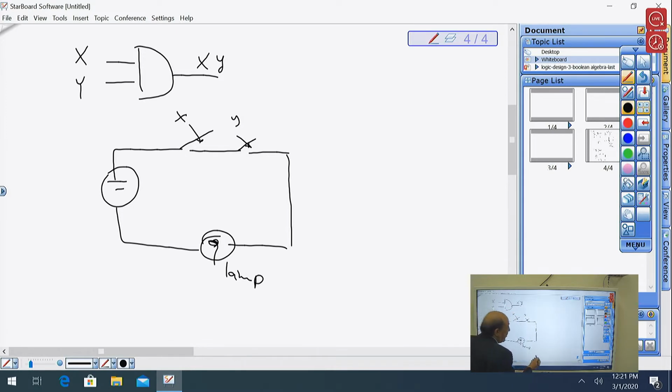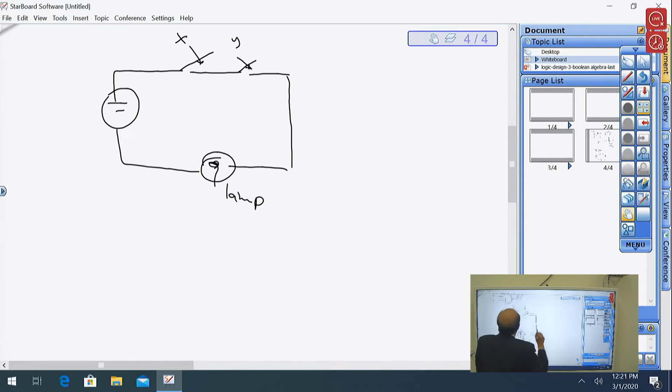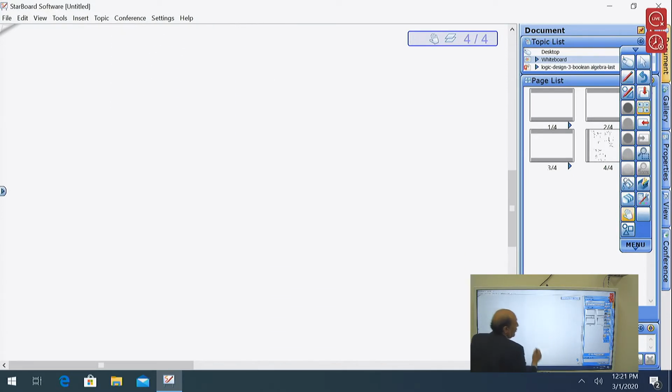Next we move to the OR gate, the OR operation.